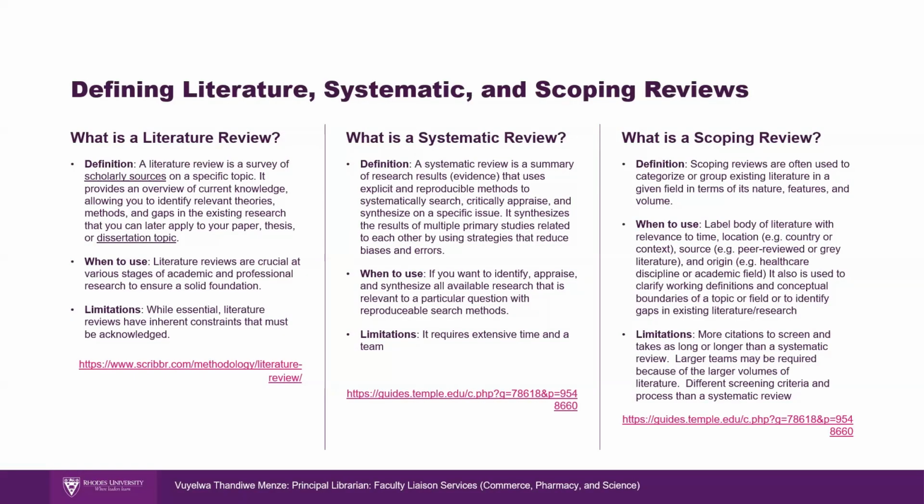You would also use a literature review for thesis, dissertations, and projects to situate your own research within the context of existing scholarship. You would also use a literature review to map a research field, to understand the history, key theories, and methodological developments of a specific topic.